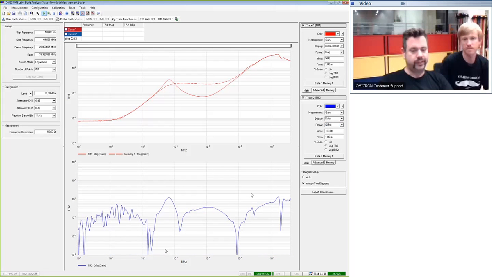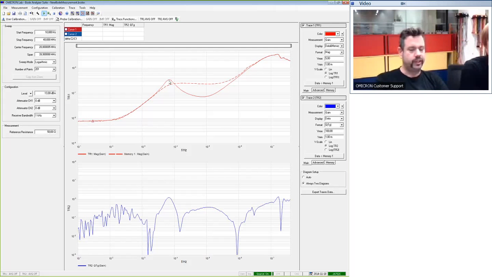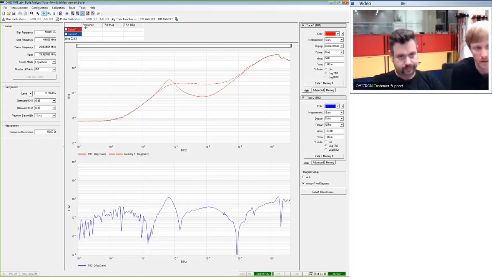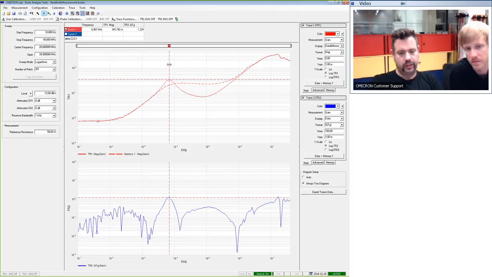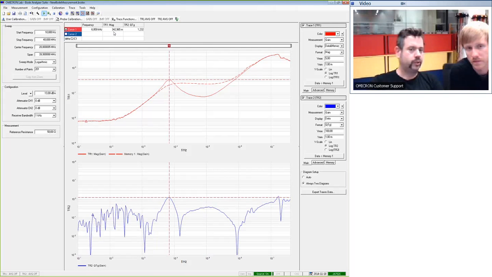Now we can see immediately that there is a peak very close to the peak we see in the output impedance. Let's activate the cursor and set it to the peak of the QTG. We can see that the output impedance here is roughly 342 milliohms.